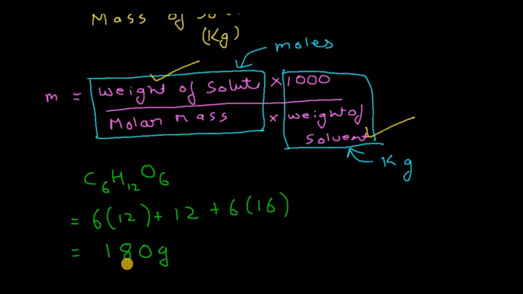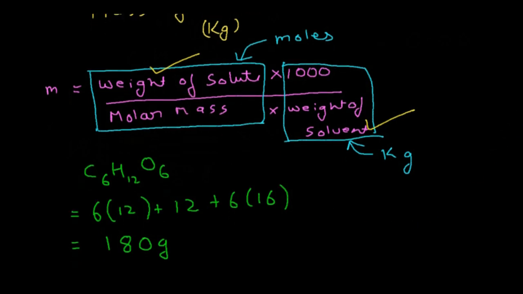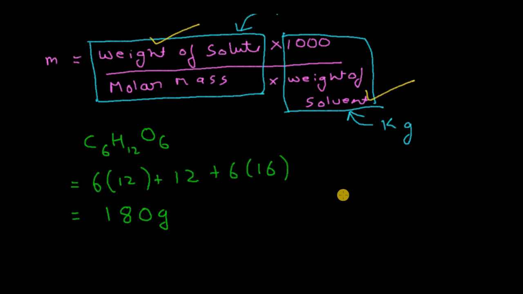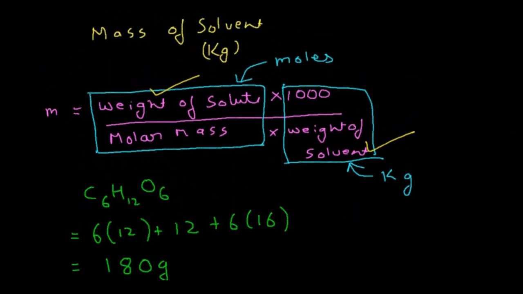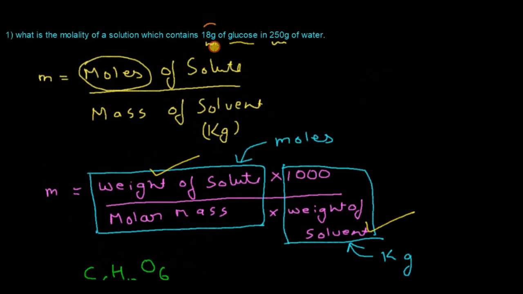Now when we have found the molar mass of the given solute, let us input all the data into this formula. Firstly, weight of solute they have given us is 18 grams and the weight of solvent is 250 grams.